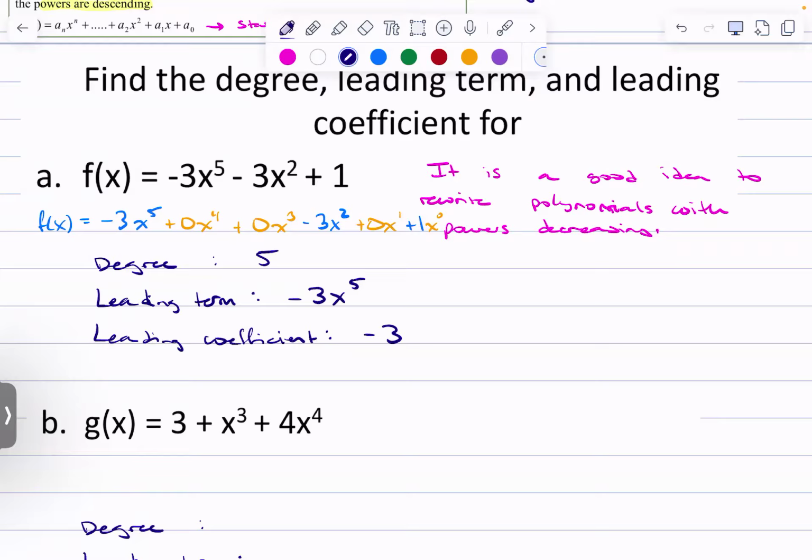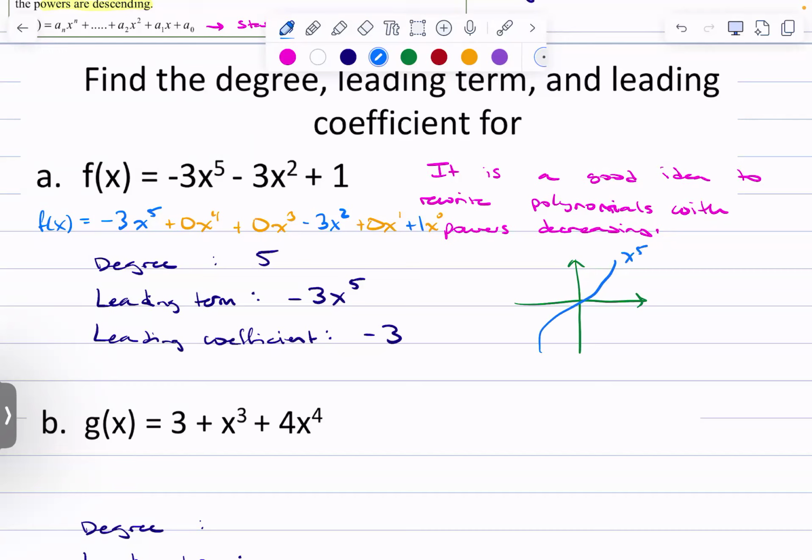Now, what would the end behavior look like, this thing? Just looking at that leading coefficient, or the leading term, I should say. I have x to the 5, which I know the general shape of, right? Same as x to the 3. So like this. X to the 5.